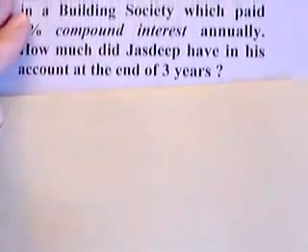Okay, so this time we're going to look at compound interest. Now, Jasdeep invested £6,000 in a building society which paid 7% compound interest annually. How much did Jasdeep have in his account at the end of 3 years? Okay, so there we have it.